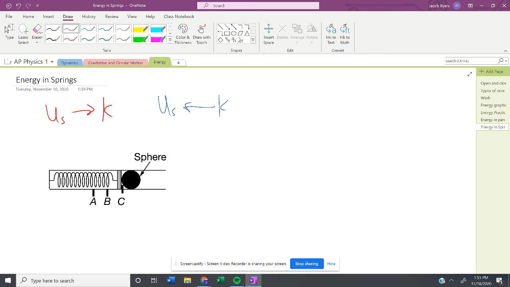So if we use this like a ping pong ball launcher, and we pull this back to point A here, and let's say C is the zero compression, so there's no compression here. If we bring it back to A, we know that our spring potential energy is 1/2 kx squared, where x is the displacement. Once we go from A to C, at C it'll all be kinetic energy, so it'll be 1/2 times the mass of the sphere times velocity squared.